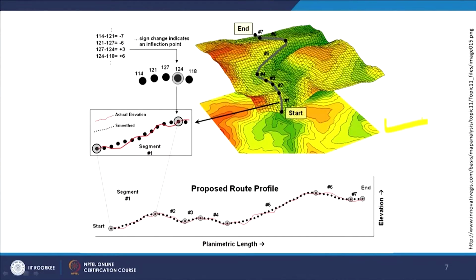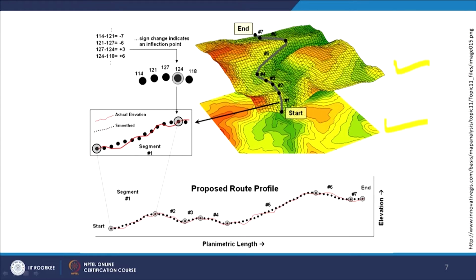If we want to do that analysis, it can be done. In the background you are seeing a digital elevation model, which has been converted into 3D so that these things can be depicted very easily. What you are seeing is this blue line, which shows the proposed route alignment.